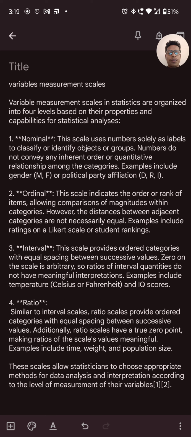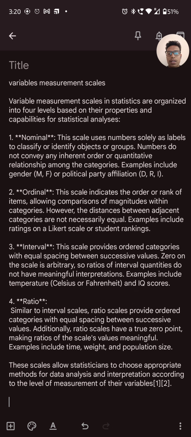Numbers do not convey any inherent order or quantitative relationship among the categories. Like I said, different types of genders, castes, or religions cannot be denoted in numbers. They are denoted in categories like M, F, or characters basically.